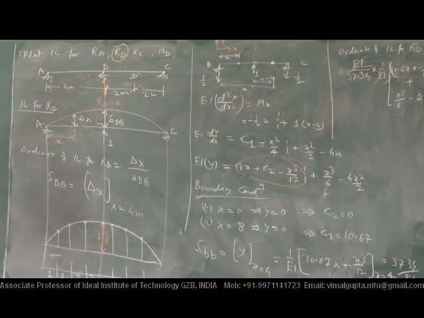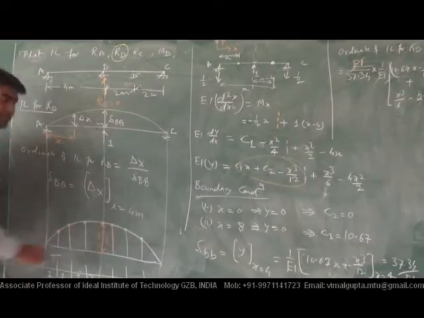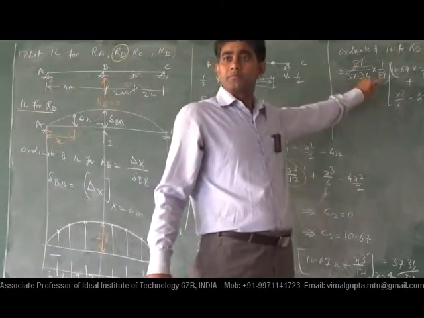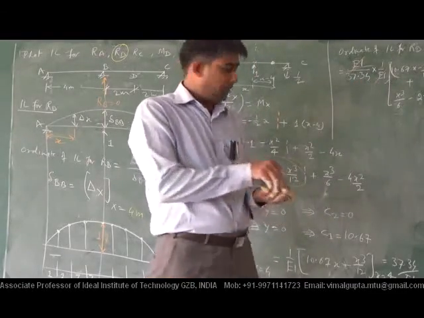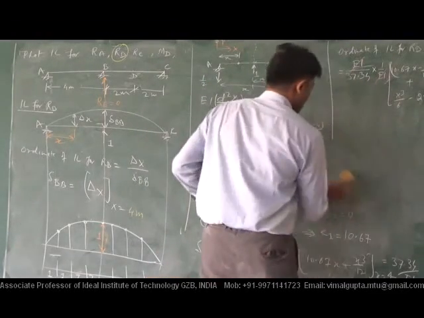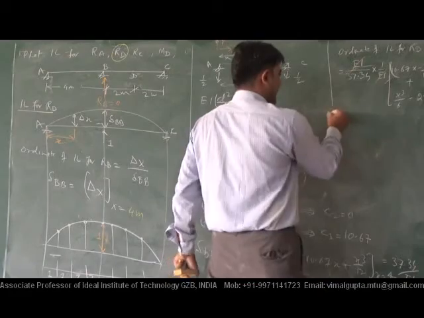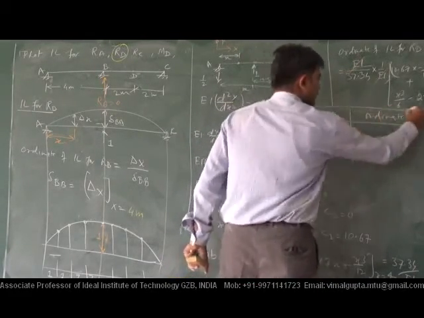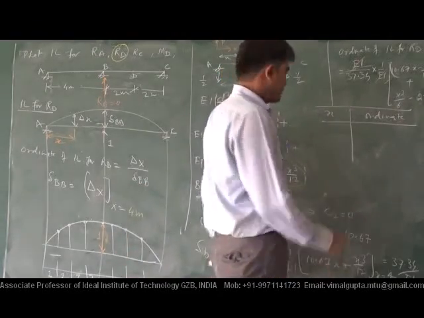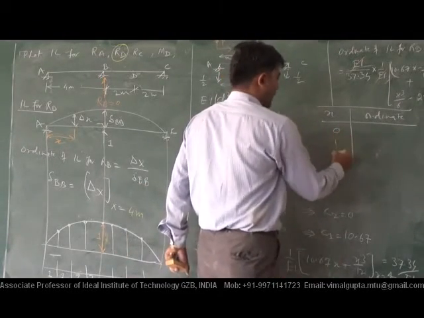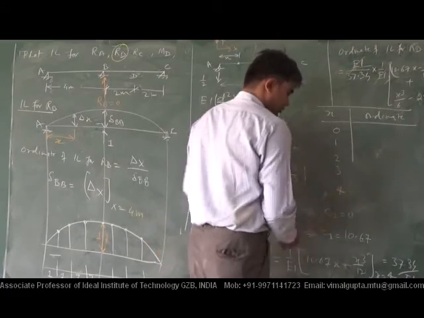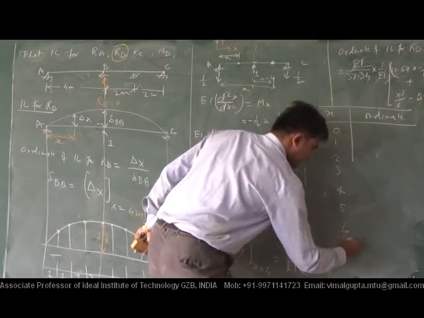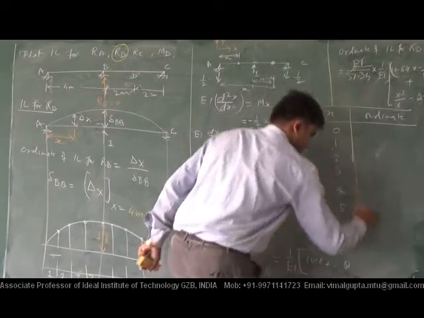This 6 ordinate you have to calculate from that expression. So make the table: x and ordinate. x: 0, 1, 2, 3, 4, 5, 6, 7 and 8.